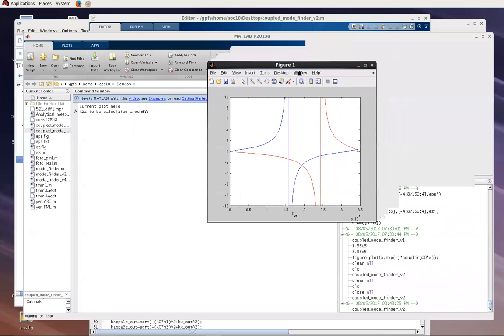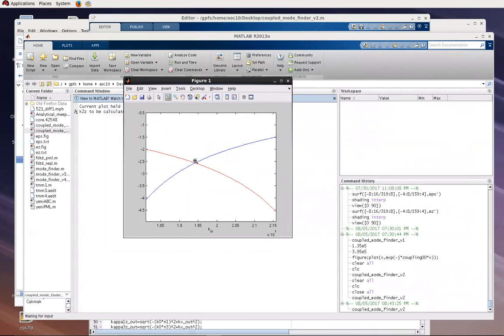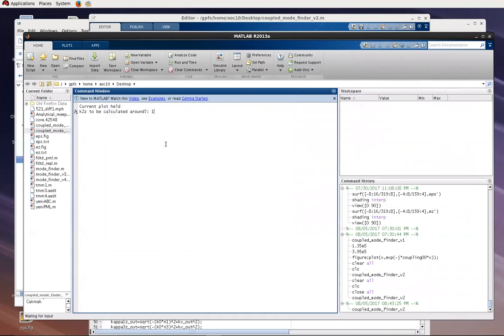Okay, so I just waited for it to respond, and now it's showing us the same thing that we are very familiar with. The mode is around 1.95 times 10 to the 5.